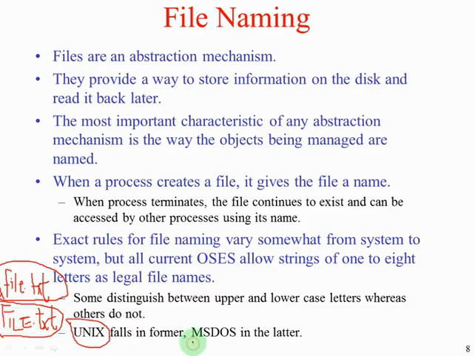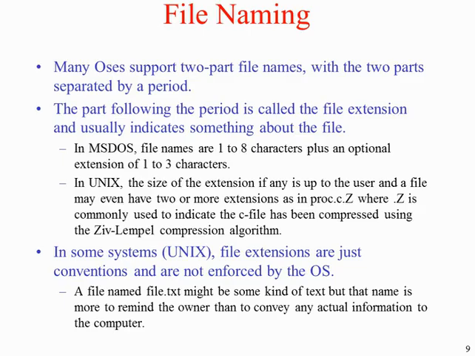But in operating systems like MS-DOS and Windows, it does not differentiate between files that have the same name but different cases. They are treated as the same file. Now almost every operating system supports two-part file names, with the two parts separated by a period or full stop.